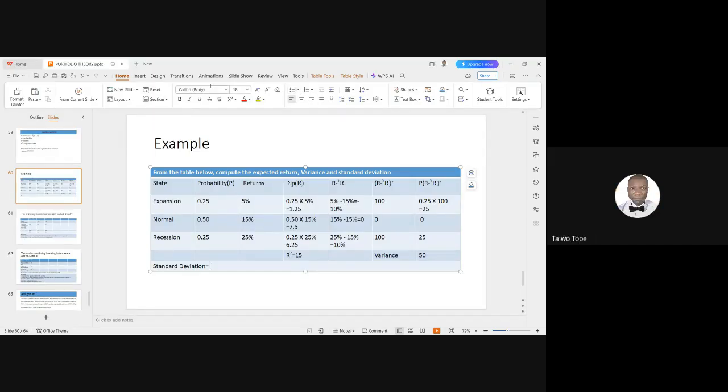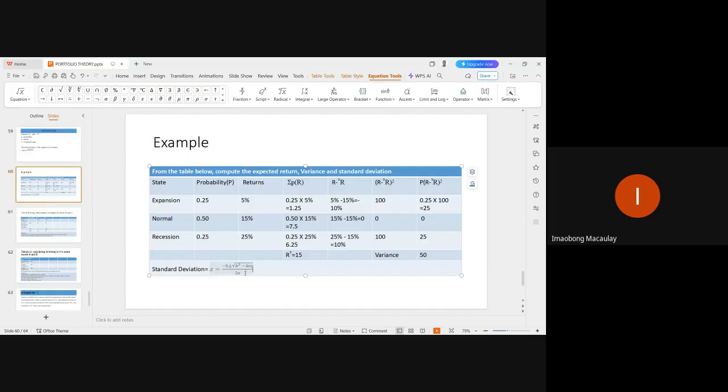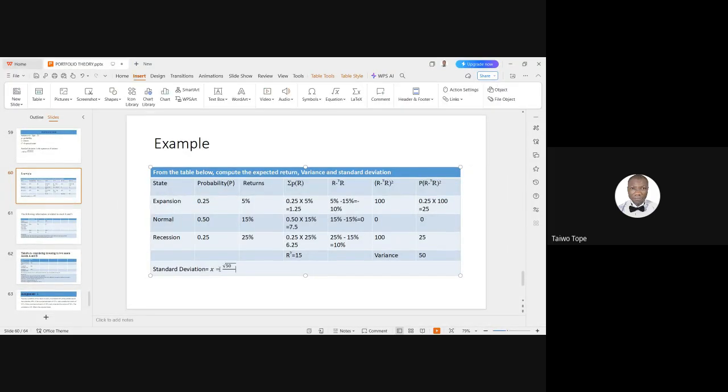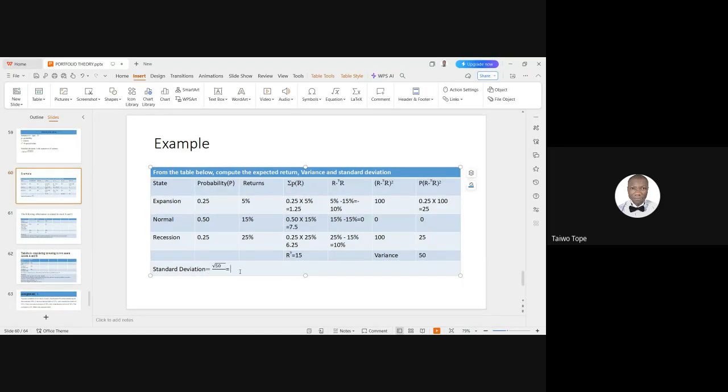On your calculator, when you do the square root of 50, you will have 7.07, approximately 7.1.